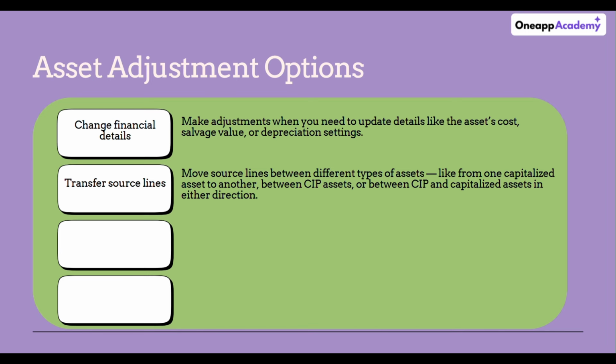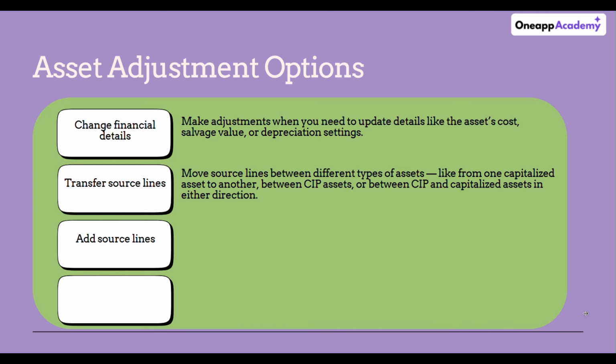So what we sometimes have to do is import that data into assets to be reflected as a CIP asset, but then we just want to move those source lines, so those invoice lines, between one CIP asset and another, or between a CIP asset and a capitalized asset. So it's about moving that source transaction from one asset to another.